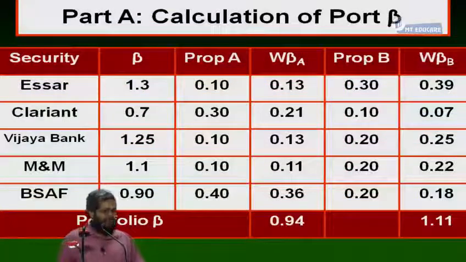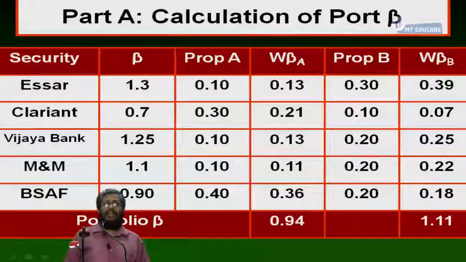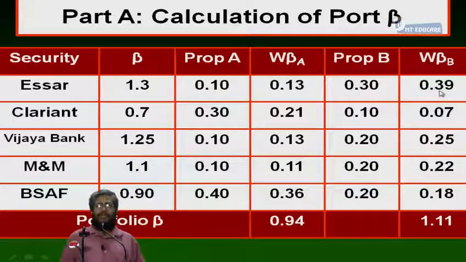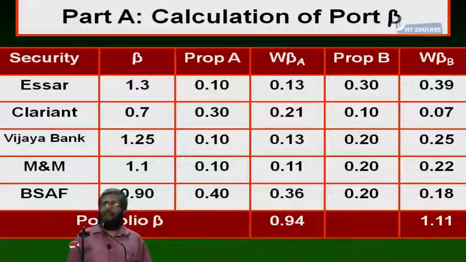Beta of portfolio B. Everybody help me out, what happens here? The beta is 1.11, minus 0.39, minus 0.07.